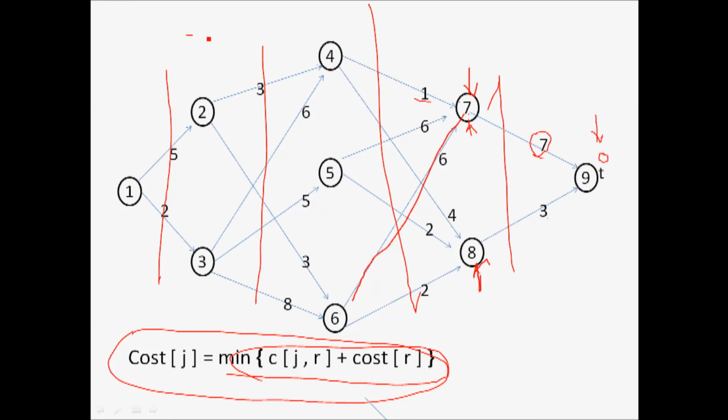Now for stage number 2, we also have to apply this same formula to calculate the shortest path.